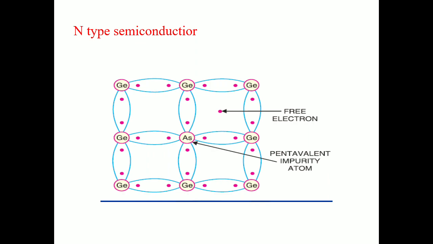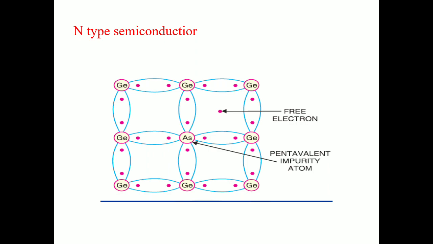Arsenic has 5 valence electrons and germanium has 4 valence electrons. One free electron is left. It will move from the valence band to the conduction band, and it is a donor impurity. And in the diagram, there is one free electron that will move from the valence band to the conduction band.